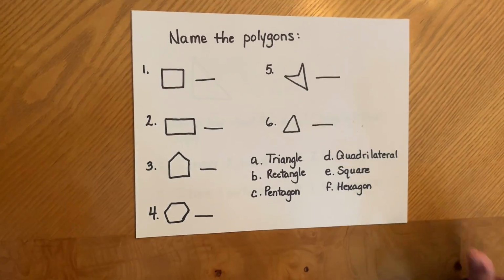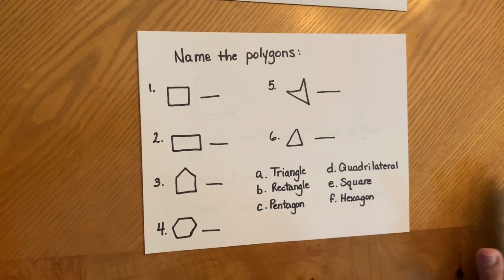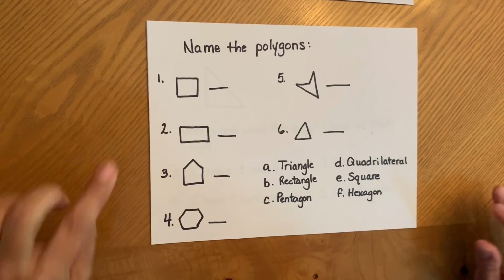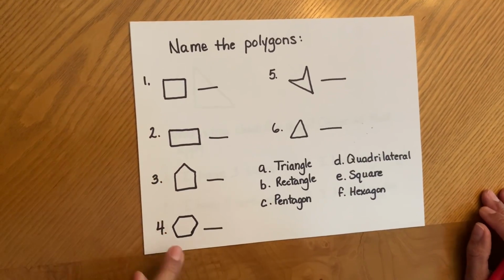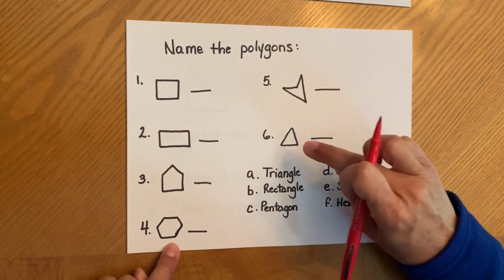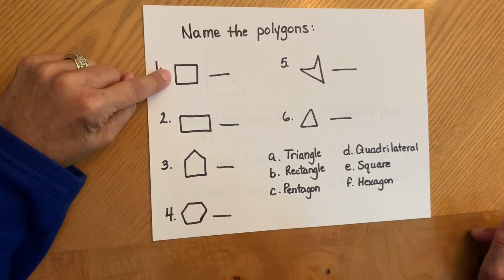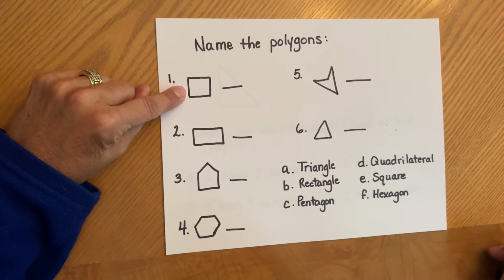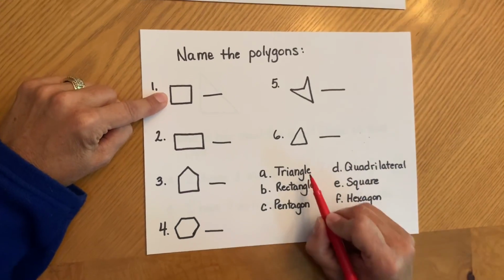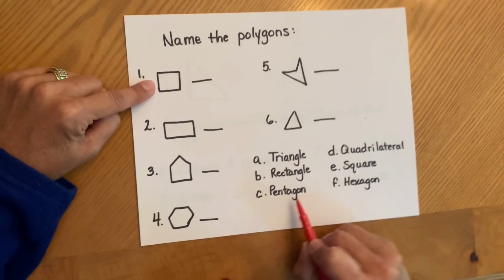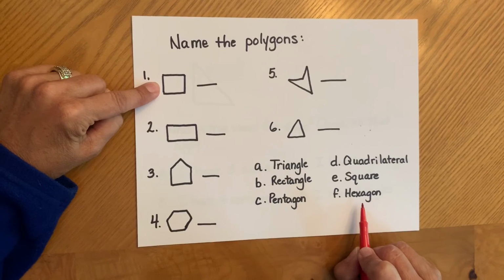Now, here are different shapes, different polygons. They're all closed figures. Okay, so we have shape 1, 2, 3, 4, 5, and 6. Now, this shape has 4 equal sides, 4 vertices, and 4 angles. So it's either a triangle, a rectangle, a pentagon, a quadrilateral, a square, or a hexagon.